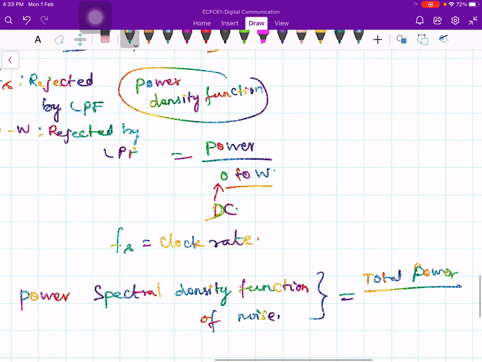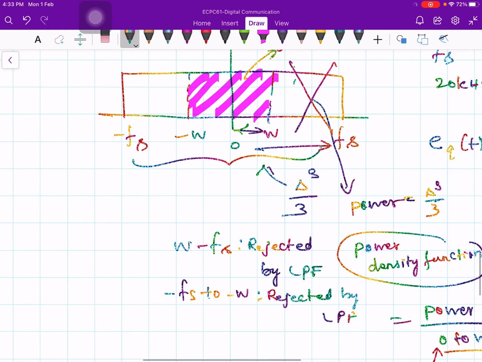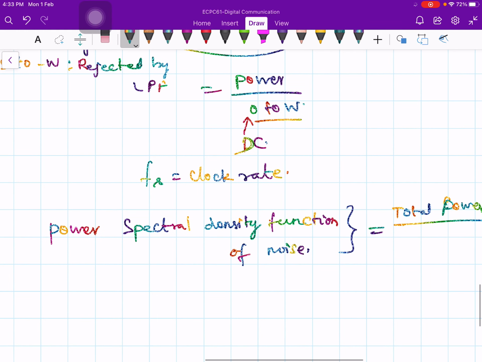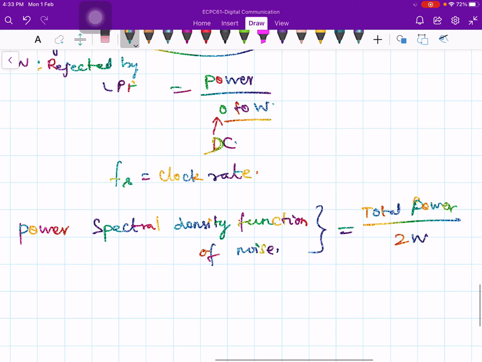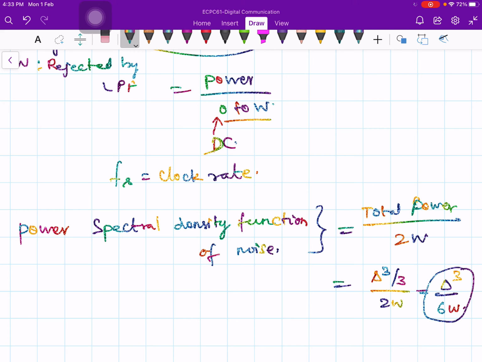Okay, so the range of interest is minus W to plus W, so 2W, so delta q by 3 divided by 2W, this is delta cube by 6W, right? But this is the power spectral density at the output of my low pass filter.